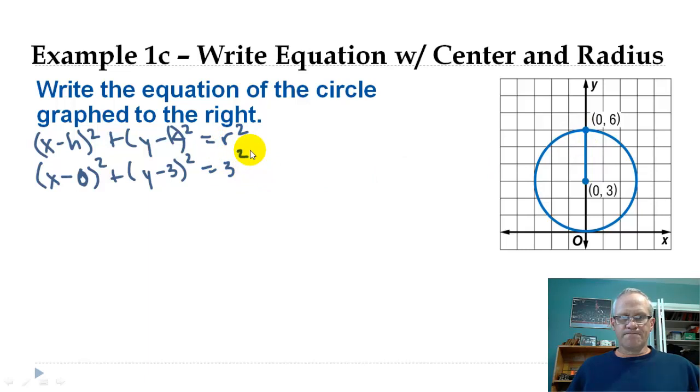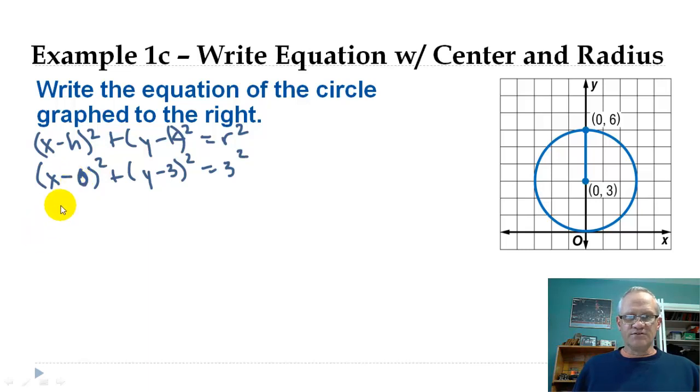All right, and again, you could probably go straight to this next step. You can probably skip this step here. But here's what I wanted to show you on this one. Notice when you have x minus 0 squared, what happens whenever we have 0 being added or subtracted? We can just drop that, because if you have x and you take away 0, it's still x.